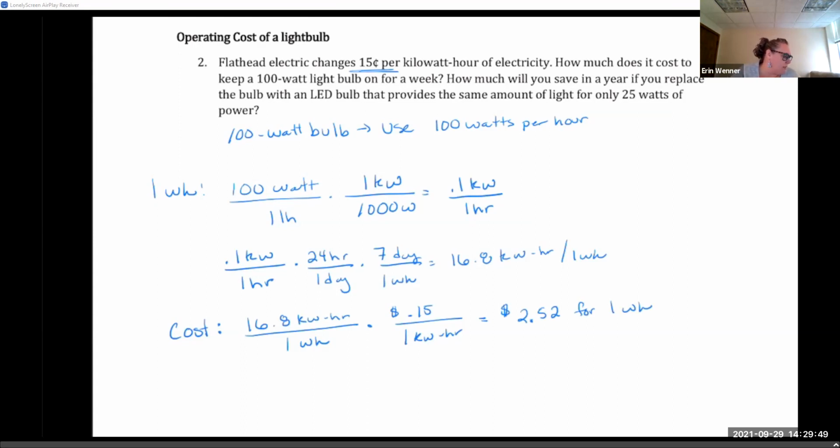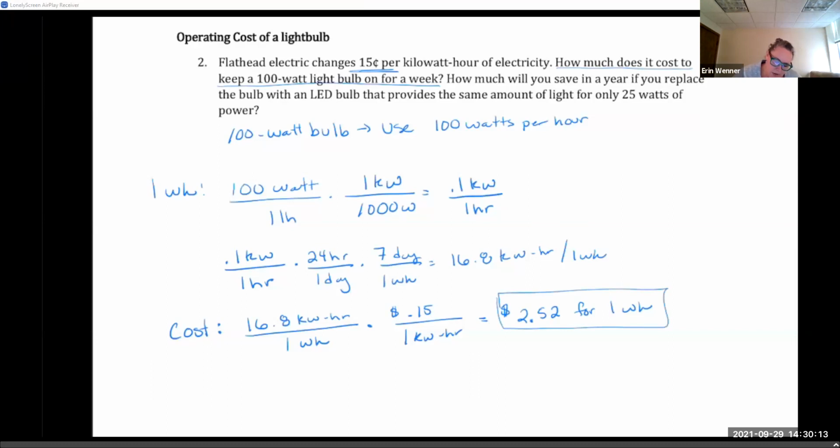But how would we figure out the savings for a year? So first of all, how much does it cost to keep it on for a week? We've answered that question, right? The first question was how much does it cost right here? $2.52 for a week.